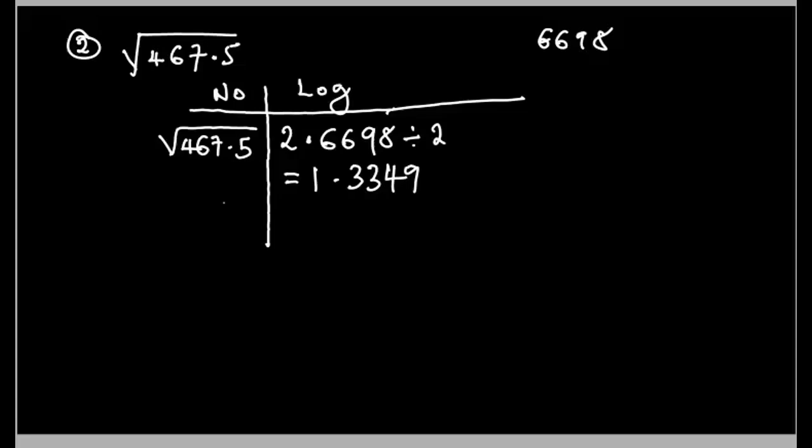So therefore, let's now get the antilog of this number. Find the antilog of 0.33 under 4 difference 9.